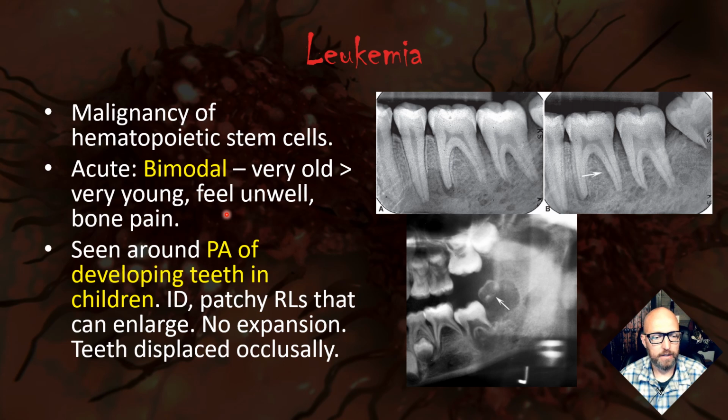As with many of these, especially the hematopoietic malignancies, it can make the patient feel very unwell and cause bone pain. All right, these ones are not developing around the roots of developing teeth. So the patient's a little bit older, but you see it's still around that level, and it loves to invade PDL spaces. Do you suspect an inflammatory lesion just looking at that?